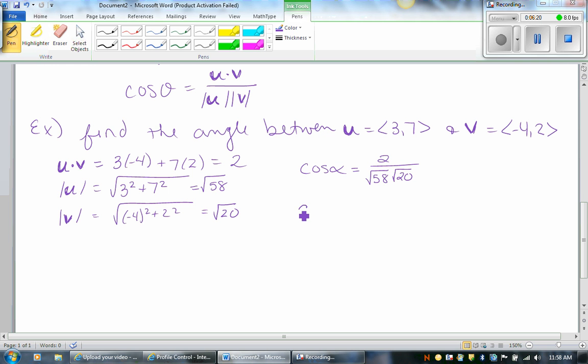We know to find the angle, we take the inverse. We'll put that right in your calculator and we get approximately 86.6 degrees. So all we have to really do is find what we need and then plug it in. Okay.